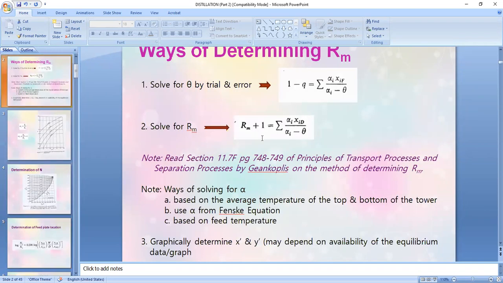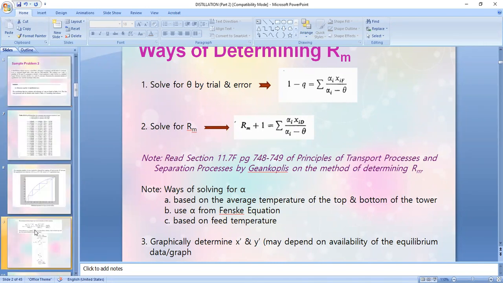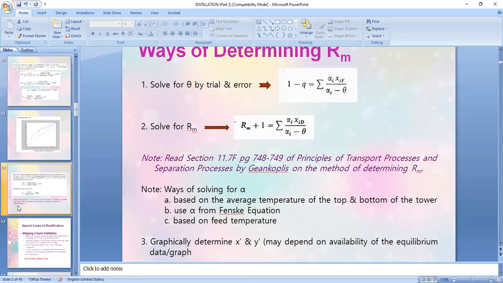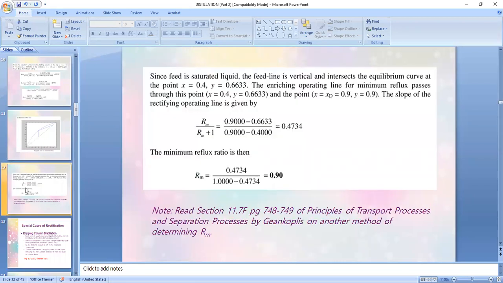You have to determine the theta, substitute the Q in here, and then substitute the theta in here and find the minimum reflux. So the graphical approach is an alternative of finding the minimum reflux ratio. Okay? Do you have any questions?